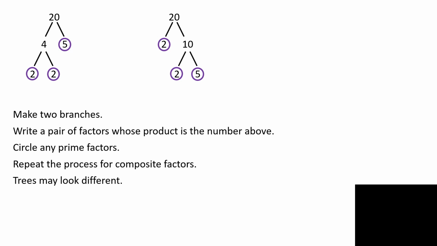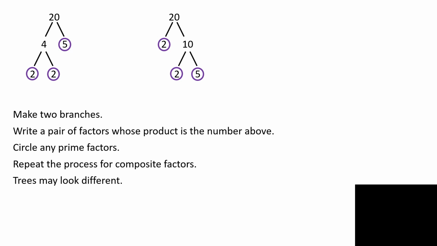So your factor tree might not look like mine. Your factor tree might not look like the scholar sitting next to you. But notice on each factor tree, the smallest number I circled was 2, and I circled 2 of them.